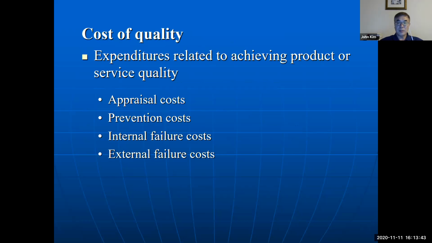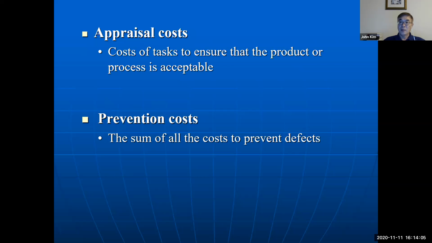And then cost of quality. To make quality good and then maintain quality good, we need some cost. So cost of quality, there are 4 types: appraisal cost, prevention cost, internal failure cost, external failure cost. Appraisal cost, to ensure if it is good or not good, then we need inspection and test.